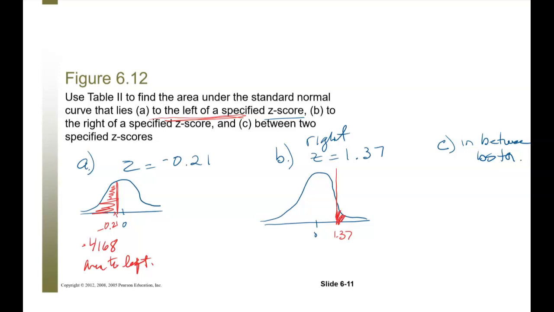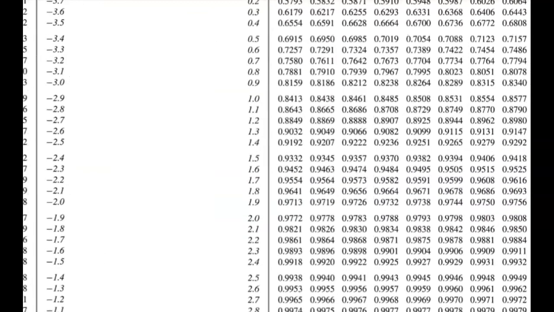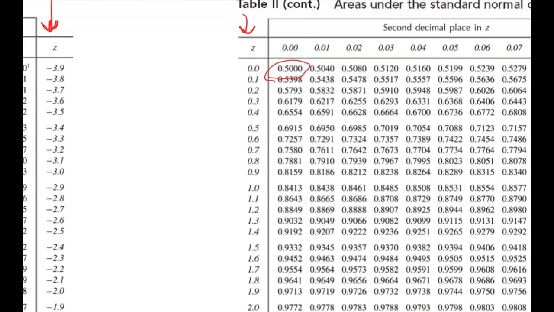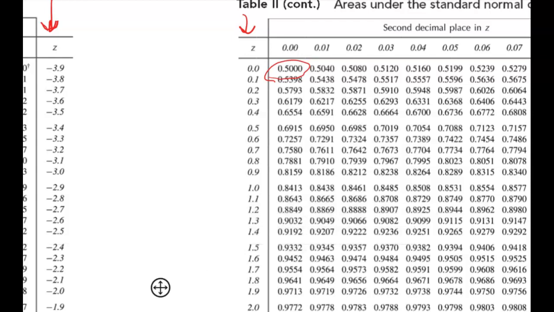But now I want the area to the right. So if I look up 1.37 on my table, there we go, 1.30, let me highlight it so y'all can see it. 1.37 is all the way down here.